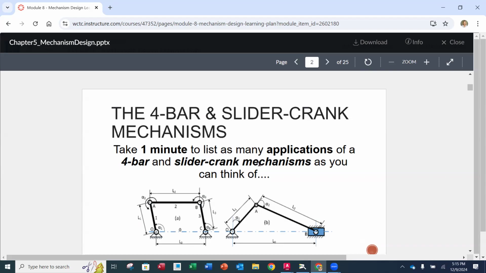And what I'd like you to do is just take 1 minute and generate a quick list of practical applications of a four-bar mechanism and slider crank mechanisms. They can be crank rockers, whatever you want. And it can be remembering different types of kinematic diagrams that we did, or it can be recognizing things around you. So just 1 minute to generate a short little list.